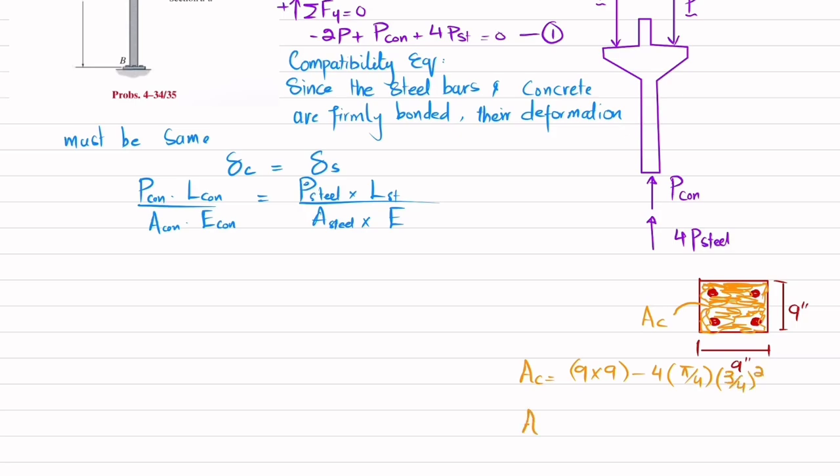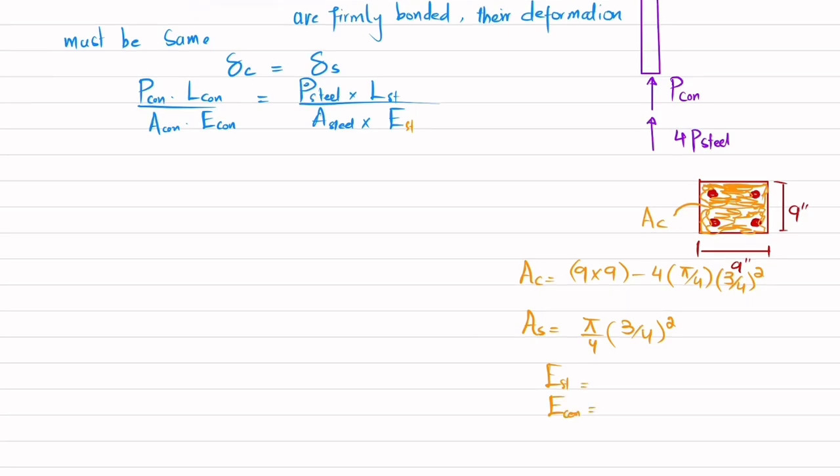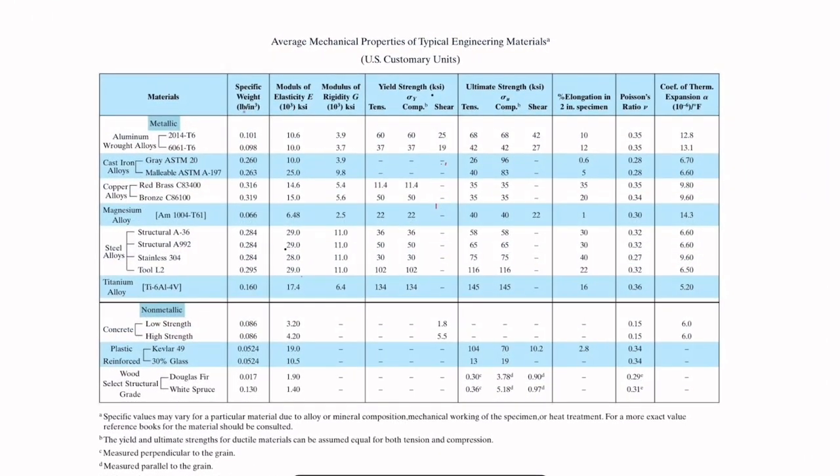What is the area of steel rod? It is pi by 4 d squared, so pi by 4 into (3 by 4) whole squared. We will also need E of steel and E of concrete, so we go to the end of the book, where you have the average mechanical properties of typical materials in US customary units.